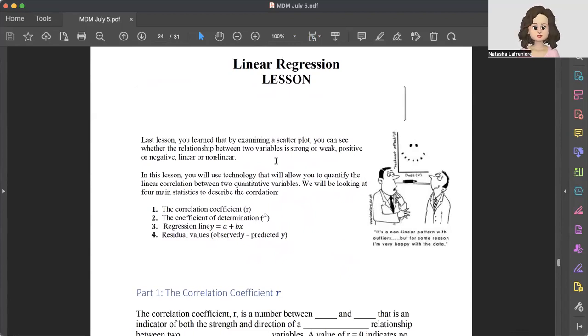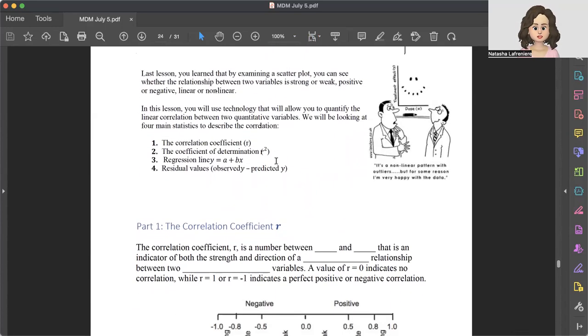Okay. So last lesson you learned that by examining a scatter plot, you can see whether the relationship between two variables is strong or weak, positive or negative, linear or nonlinear. In this lesson, you will use technology that will allow you to quantify the linear correlation between two quantitative variables.